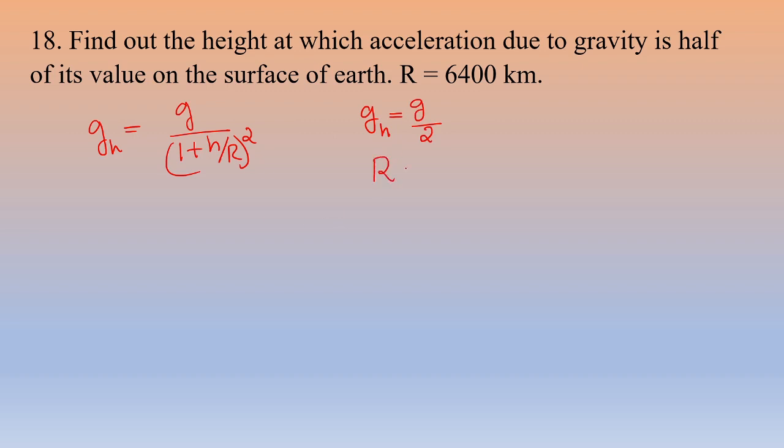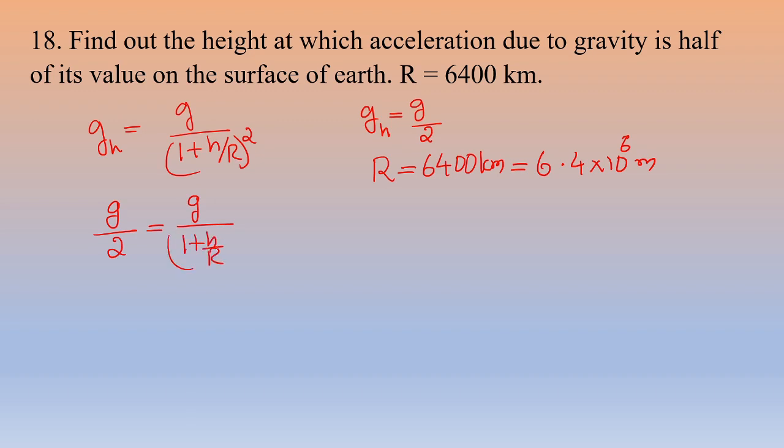And we are also given the radius, that is 6400 kilometer, that we can express in meter, that is 6.4 into 10 raised to 6 meter. Now let us substitute the value of gh as g by 2. So g by 2 is equal to g divided by 1 plus h by R whole square.